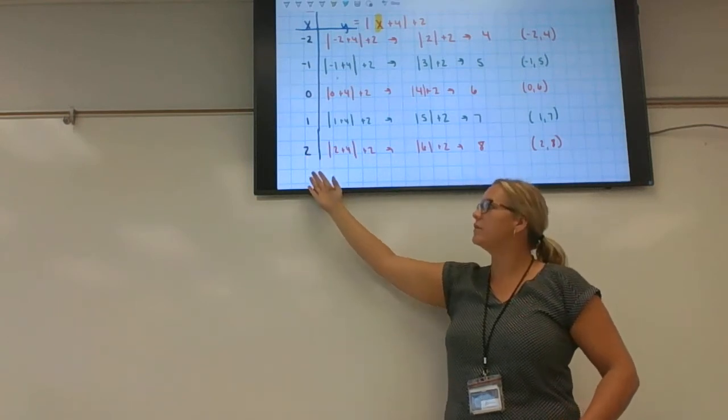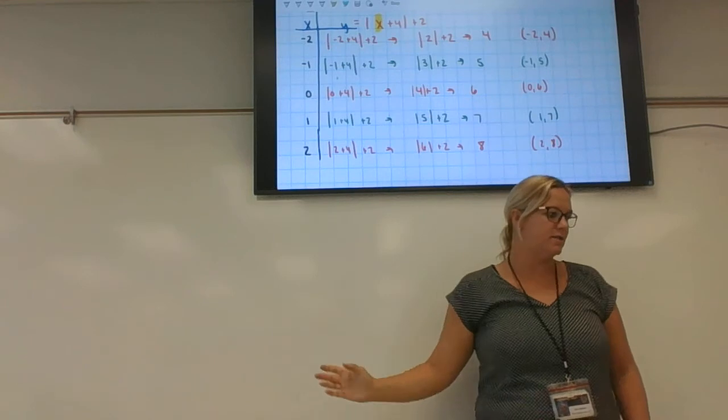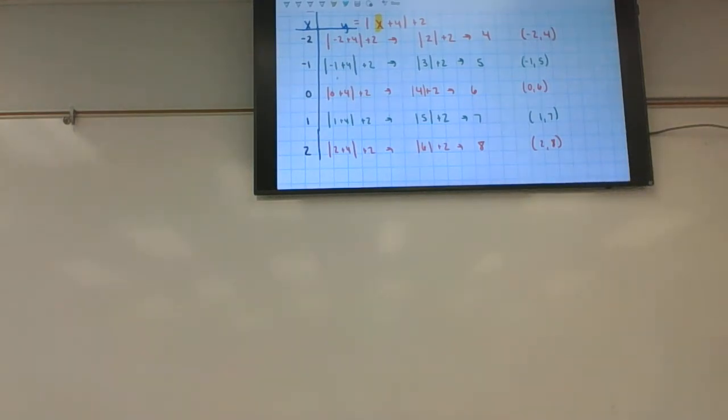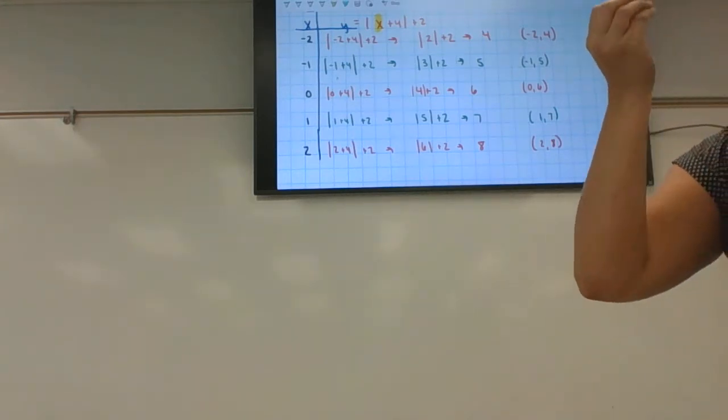So we could go 3, 4, 5, 6, and keep going. But what if it just keeps going forever, right? We might end up with just a straight line. So we have to know the transformations to find the V, to find the vertex.